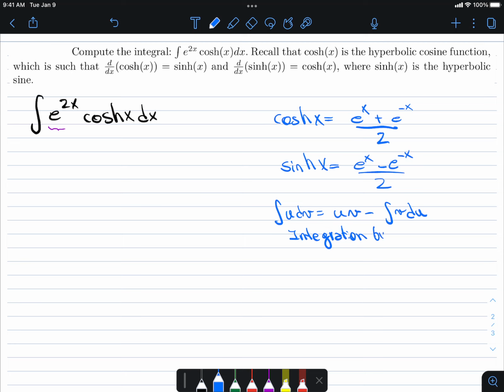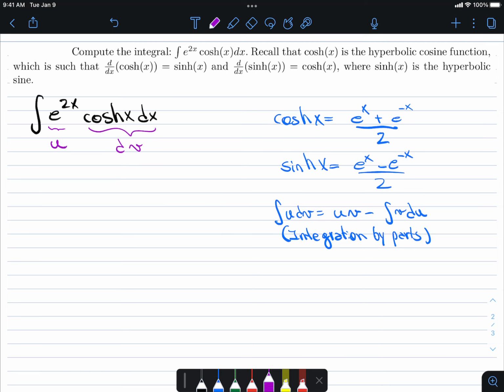Think about what we should choose as our u and as our dv. It really doesn't matter much, but I will choose u as e to the 2x and dv as the rest, because cosh is very simple to integrate. The antiderivative of hyperbolic cosine, like I said, is just hyperbolic sine, so it's going to be pretty simple.